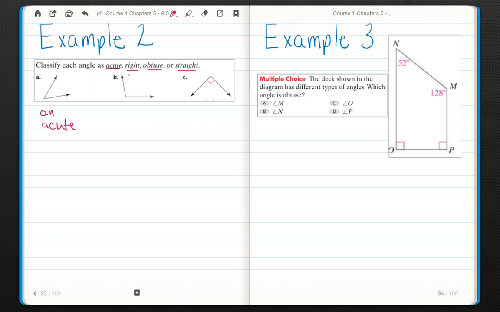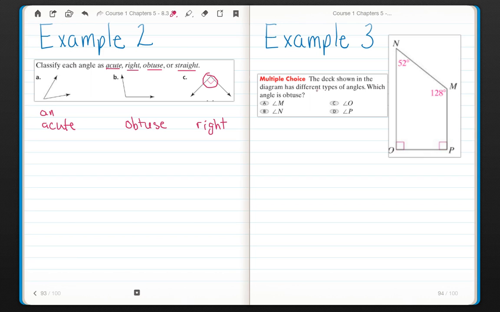B, here would be vertical. It's greater than 90 degrees. So this is an obtuse angle. And C, see this symbol right here, the square symbol? That tells me that these two lines are perpendicular, and therefore this is a right angle. And that's all there is to classifying.